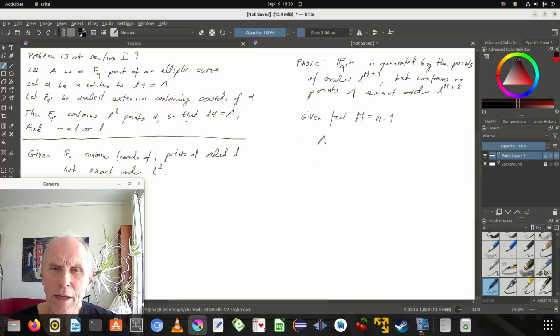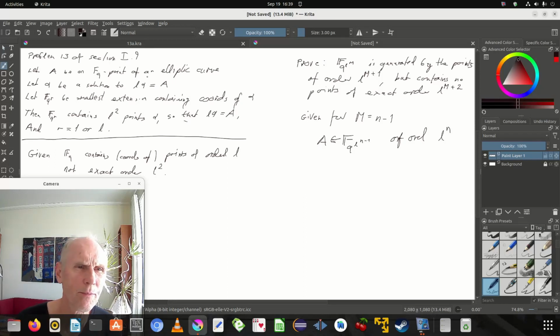So we have a point A. I can't even write contains because it has two coordinates, but I guess you understand what I mean. Of order L to n. And then we use the problem.